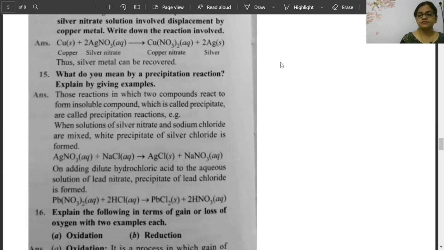Oxidation and reduction. Gain of oxygen. Carbon plus oxygen gave carbon dioxide. Correct. Reduction. Very good. Gain of electron. Oxygen it is telling about, beta. Loss of electron.